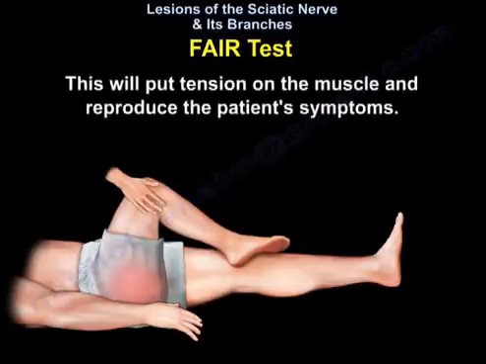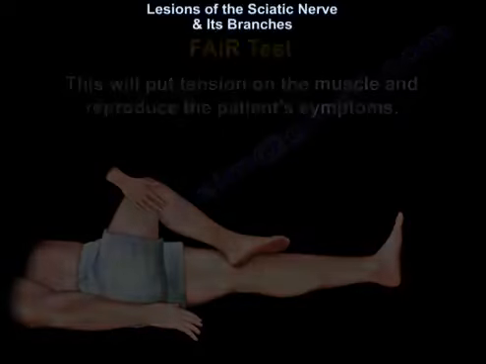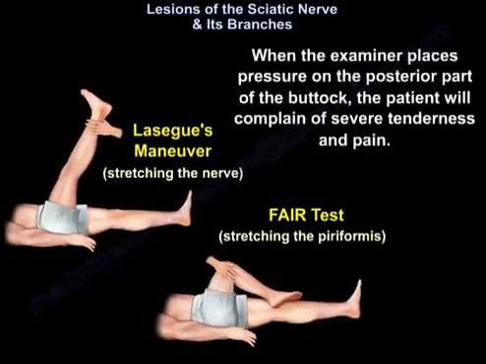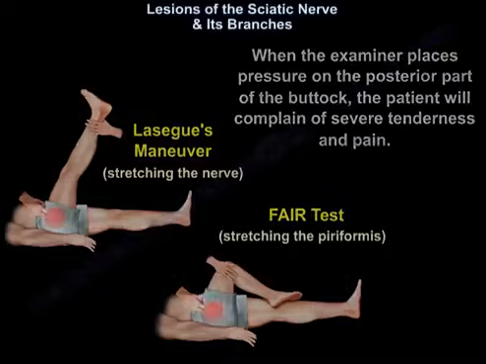It will put tension on the piriformis muscle and it will reproduce the symptoms of the patient. Also, during these maneuvers or tests, when the examiner adds pressure on the posterior part of the buttock, the patient will complain of severe tenderness and pain.